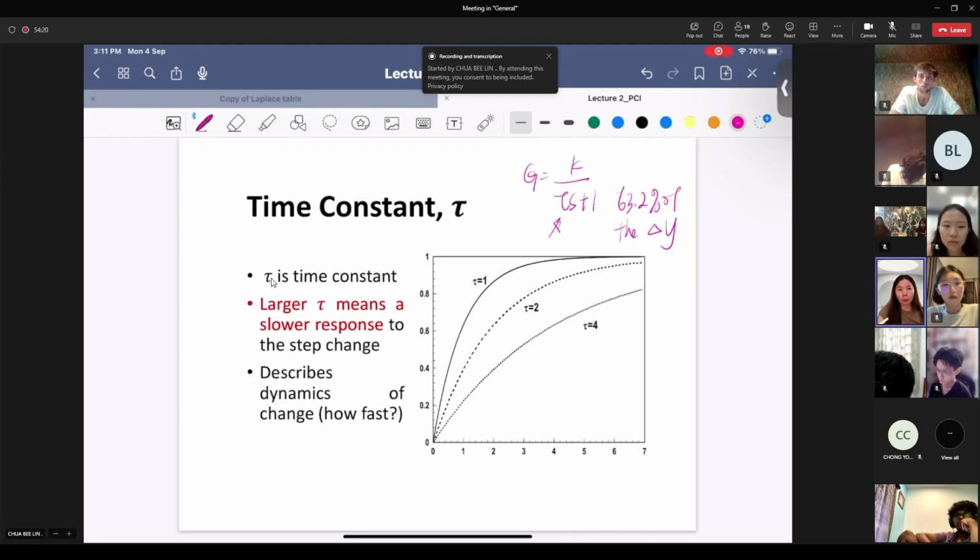It means the process is very slow because you need more time to achieve 63.2% of the total change of output.